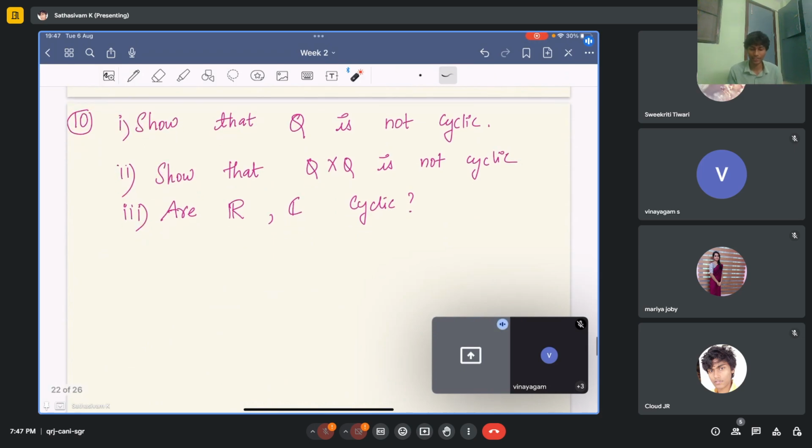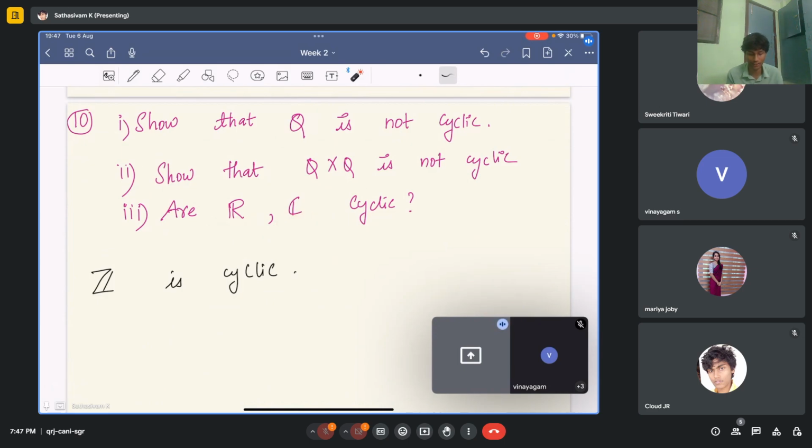Okay, so this is a kind of interesting one. See, what we know is Z is cyclic, right? So the question is, is Q cyclic? And is R cyclic, is C cyclic?